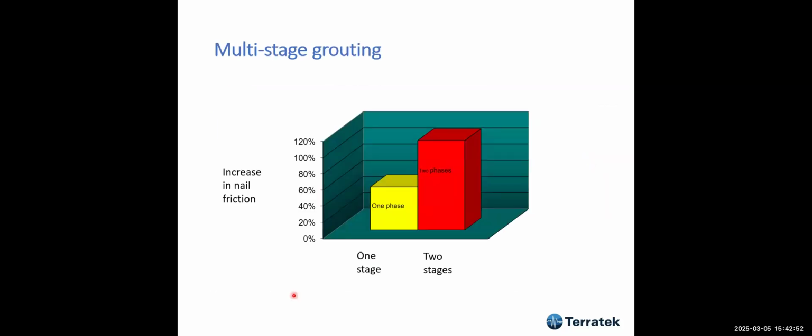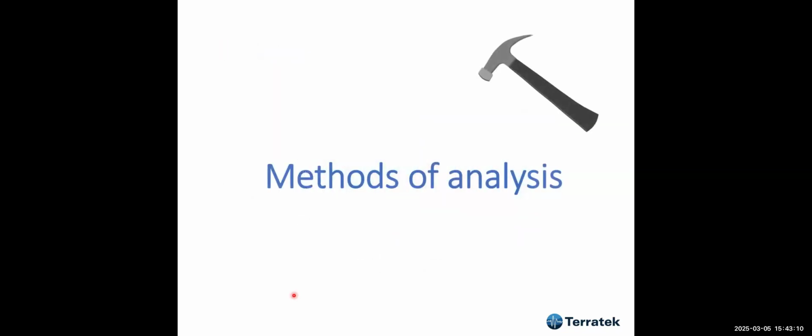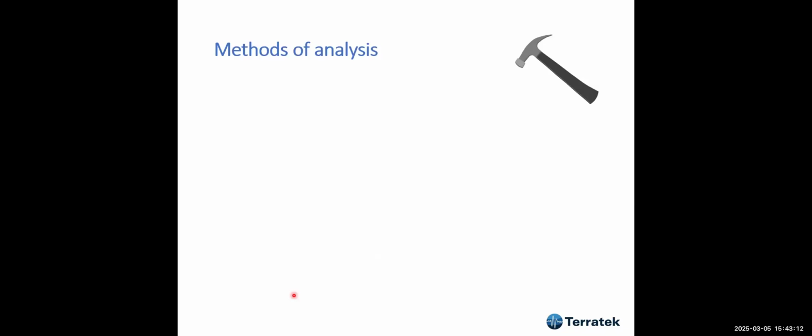If you have multi-stage grouting, this may be an advantage or not. If you have two phases, you can take at least a 50% increase in the qs value, in the friction value. Methods of analysis. We have a lot, okay, but these methods were developed before computers were very good.